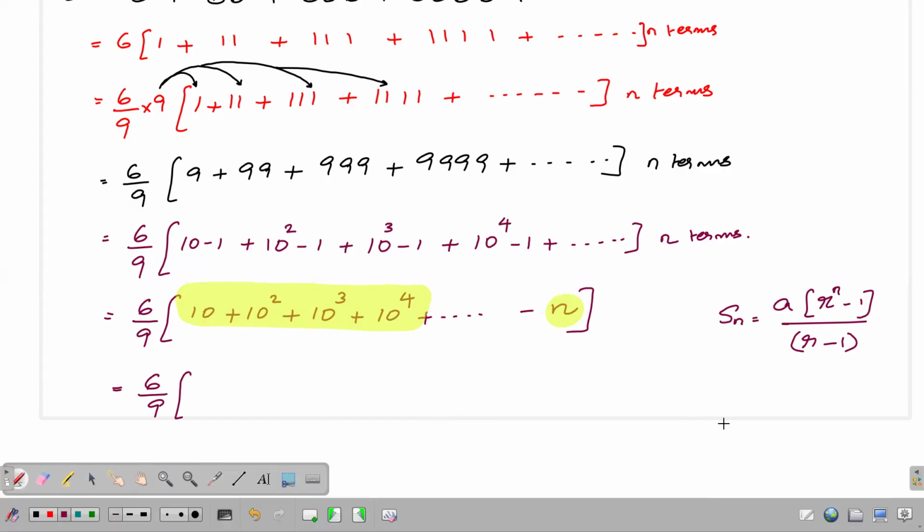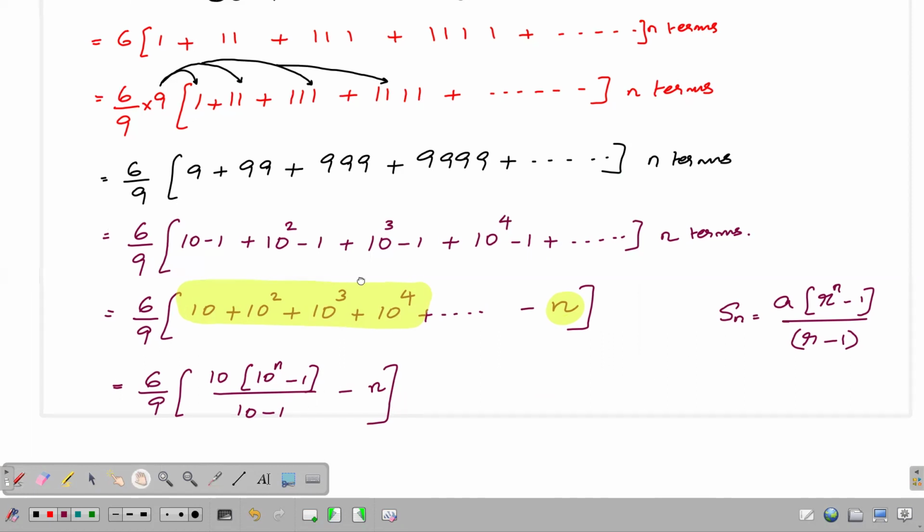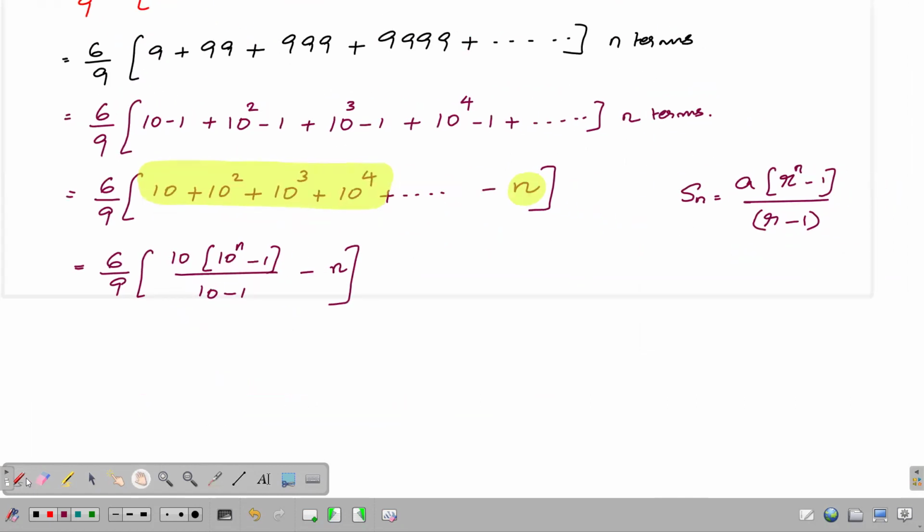So apply that result. You can see that here this will be 10 into (10 power n minus 1) whole divided by 10 minus 1, minus this n. See the way it is actually configuring now. Okay, now it's about simplifying this. This is 6 by 9 times, I'm taking this 10 inside.